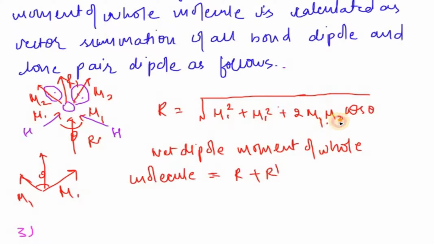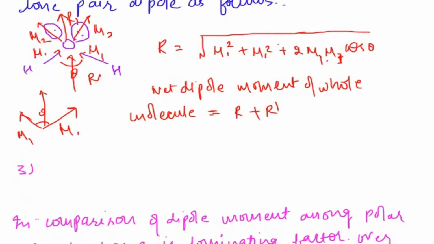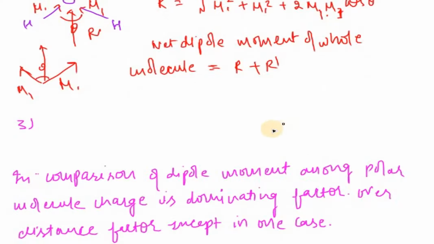Here we use mu1 because both are the same, so it becomes mu1 square plus mu1 square plus 2 mu1 square cos theta. That's how we can solve it for whatever theta is, and the net resultant vector is on this side. If we add both of these vectors, we get the net result over here.